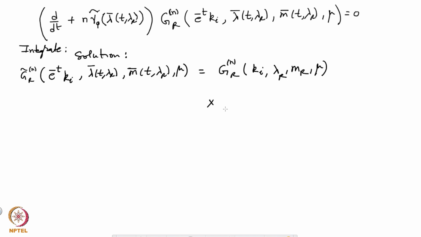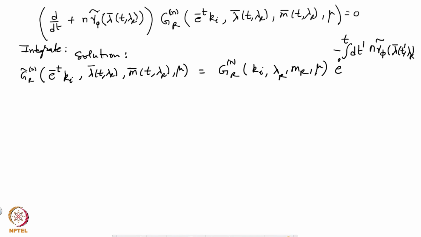times, maybe here, let me try if it works, e to the minus integral 0 to t dt prime n gamma tilde phi, and the arguments are lambda bar, t prime, lambda r.